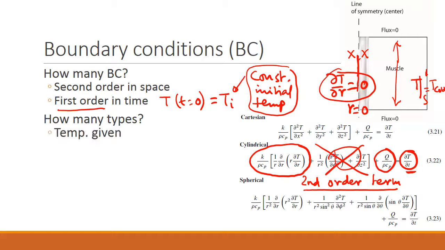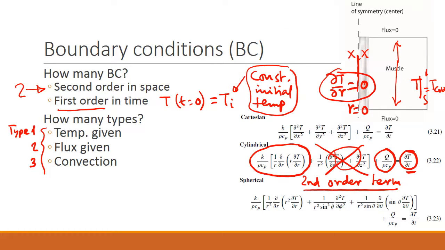Then, as we have learned, for boundary conditions, for second order, we need two conditions. For each condition, we have these three choices: my type 1, type 2, and type 3. Temperature given, flux given, and convection. In this case, on the symmetry line, it is my type 2 boundary condition that we assume, and on this side it is my type 1.